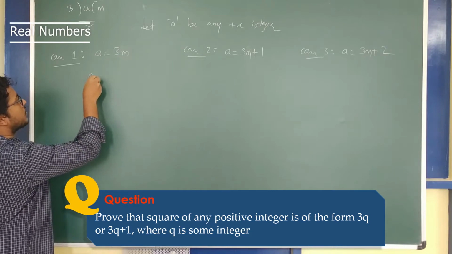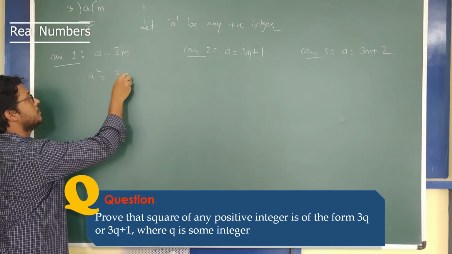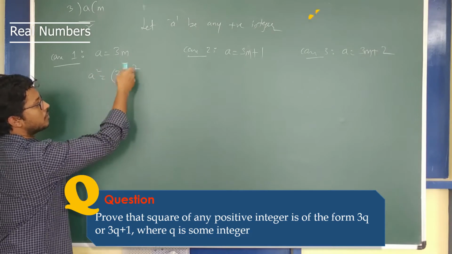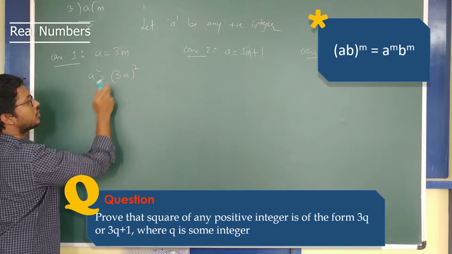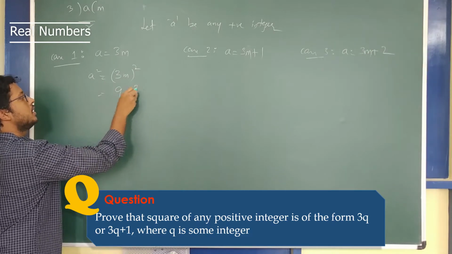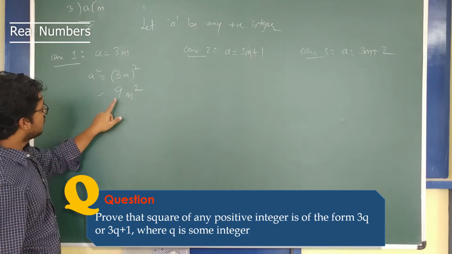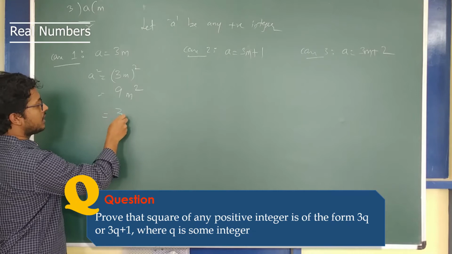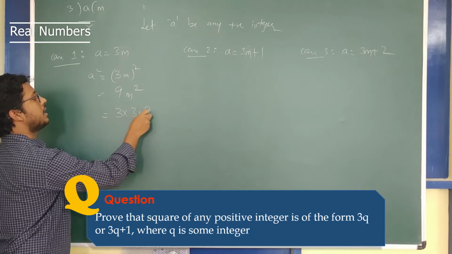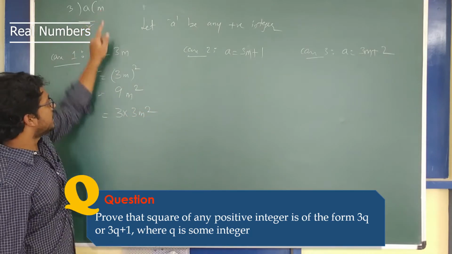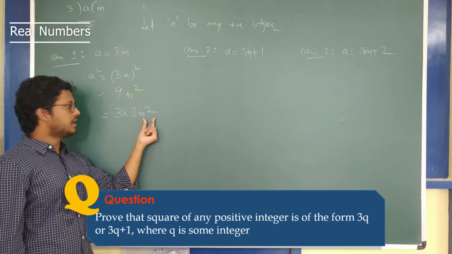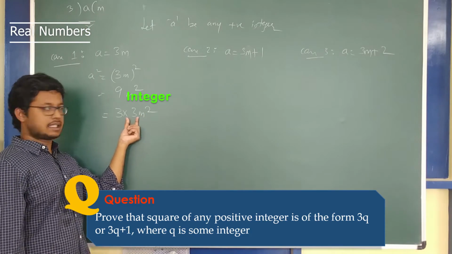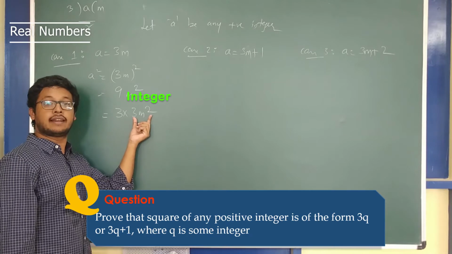Square this one. So a square will be 3m whole square. By laws of exponent, you can take square separately. So this becomes 9m square. Since 9 can be written as 3 into 3m square, and since m is an integer, m square is an integer, m square multiplied by another integer 3 is again an integer.